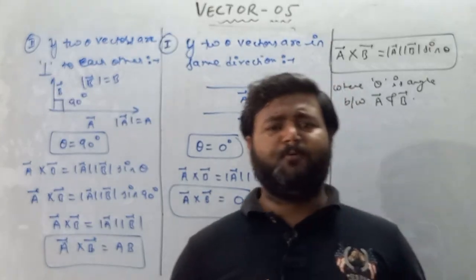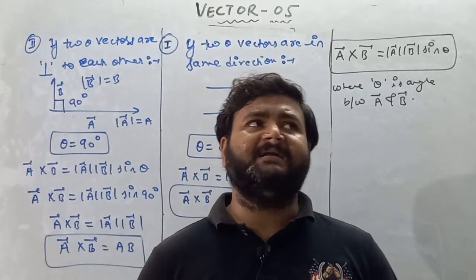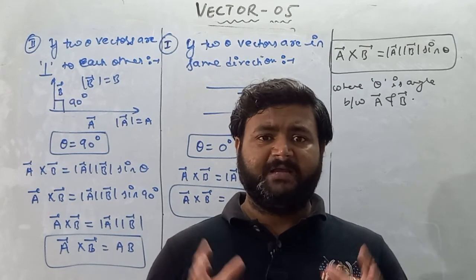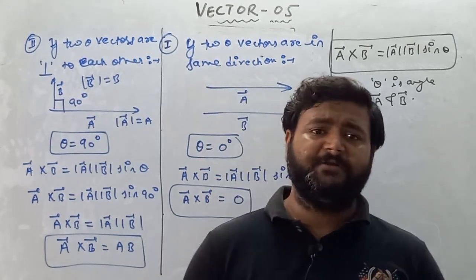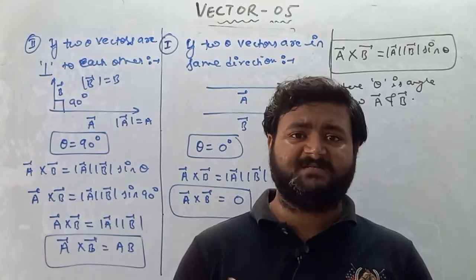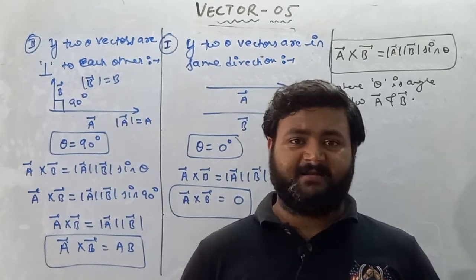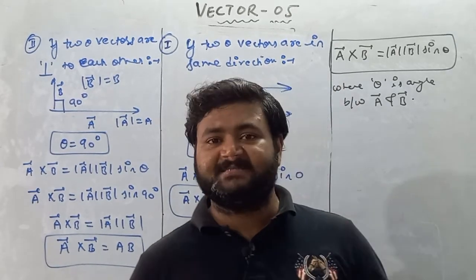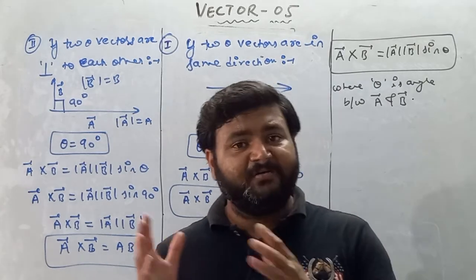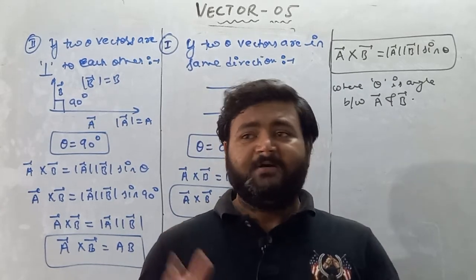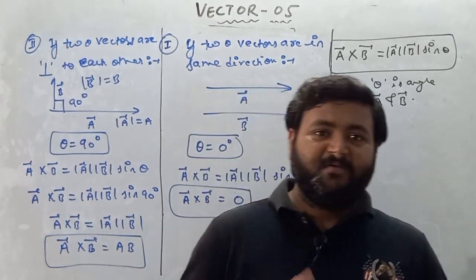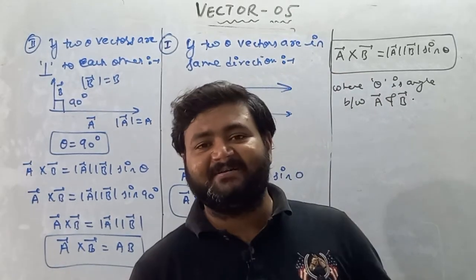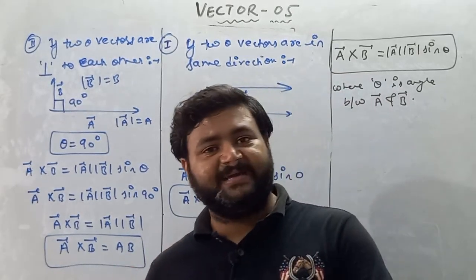We have hardly 2 or 3 more lectures in vectors, in which we will discuss all about the laws of vectors. There are lots of laws related to vectors. So in that chapter we will discuss the laws of vectors. So till now this is all about vectors. From the next class we'll start with motion in a straight line.